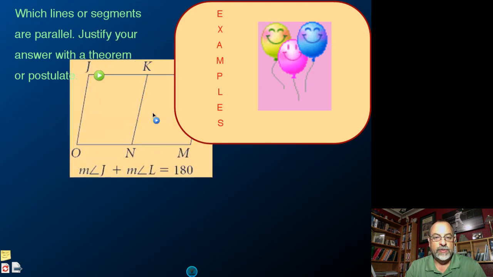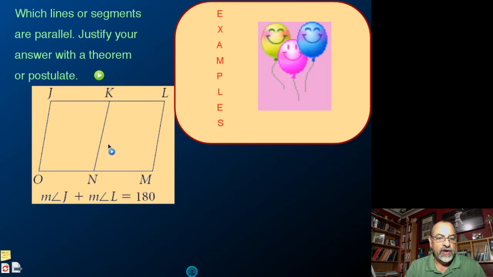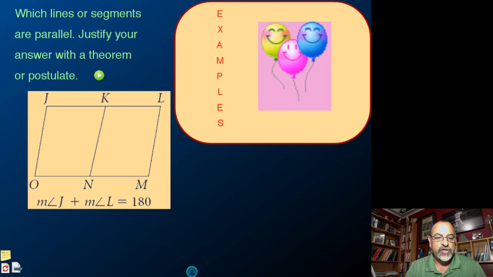So a quick example, here's a diagram, and we're given that the measure of angle J and the measure of angle L is equal to 180. So which lines would be parallel, and then how or why could you state that on one of these theorems? So let me turn on my little device here.